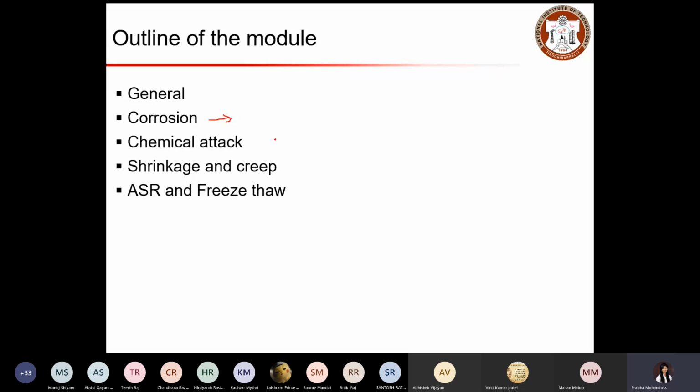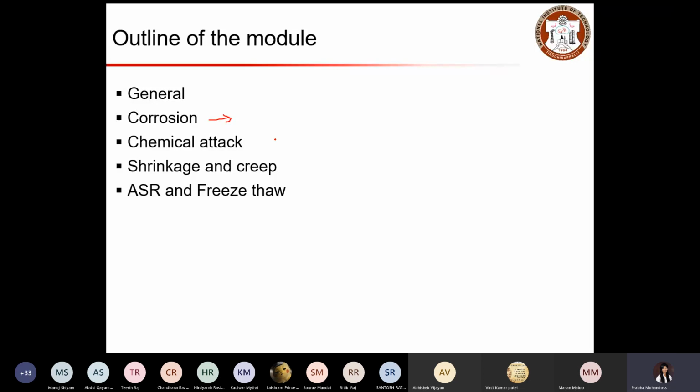And then chemical attack. Most often your structures will be exposed to some aggressive environments, and if your structure is a chemical plant or any industrial structure, it will often be subjected to aggressive chemicals in terms of sulfur.